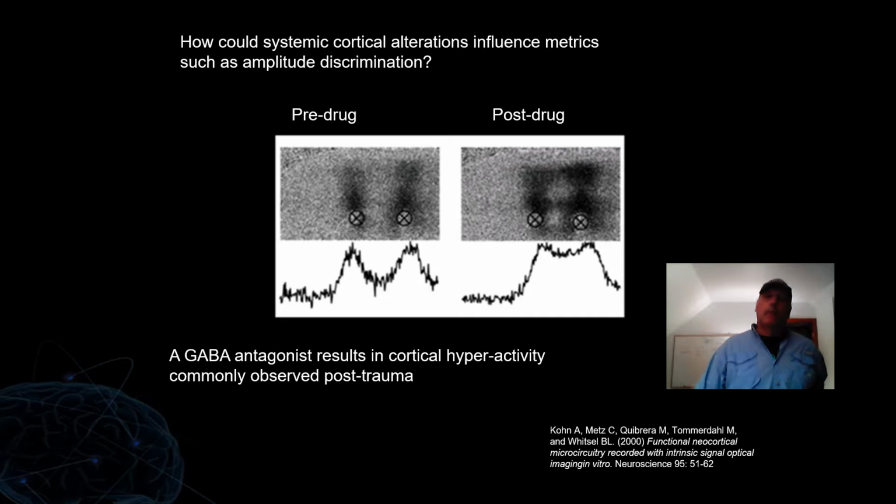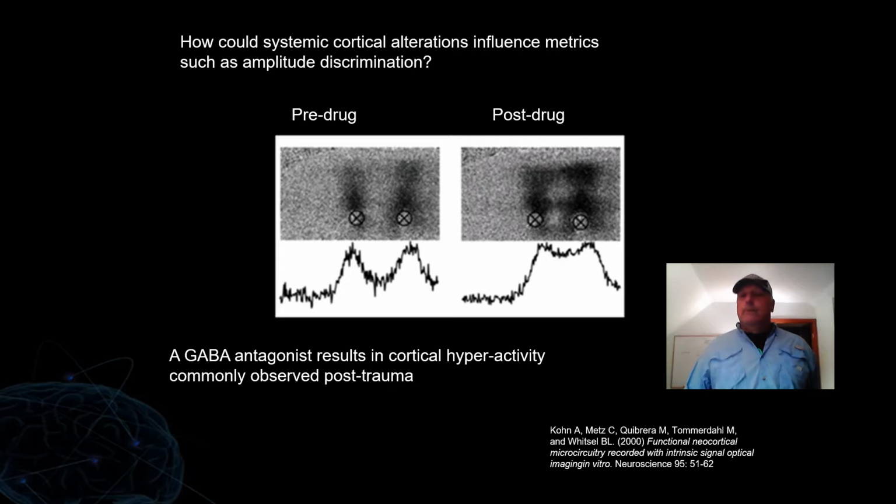It was 10 to the minus 6 molar bicuculline. And basically it turns off inhibition. And inhibition plays a huge role, and it's part of functional connectivity. So if you turn off a really important component of functional connectivity, then the brain doesn't work as well, and then amplitude discrimination is simply not going to work as well.